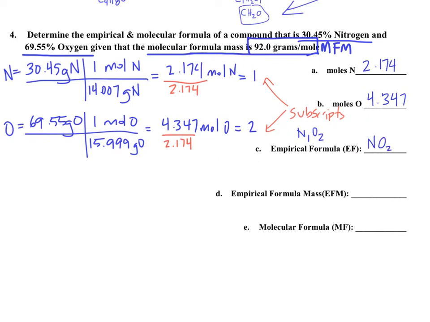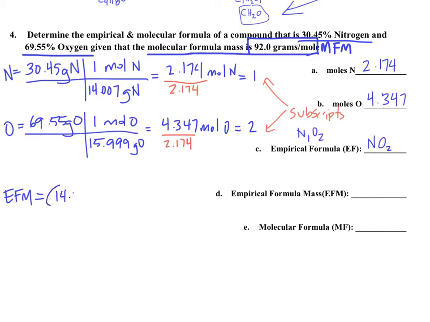Okay, so now I want to find the empirical formula mass. So I'm given the molecular formula mass. I want to figure out the empirical formula mass based off of the empirical formula. So this is rather easy. The empirical formula mass is equal to, let's see, I've got nitrogen in 1.